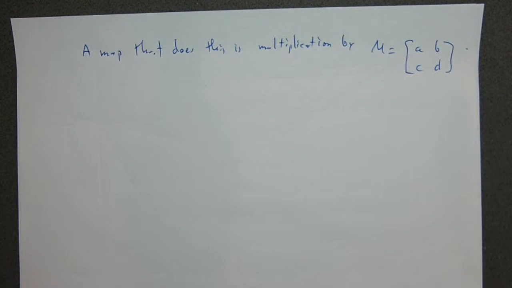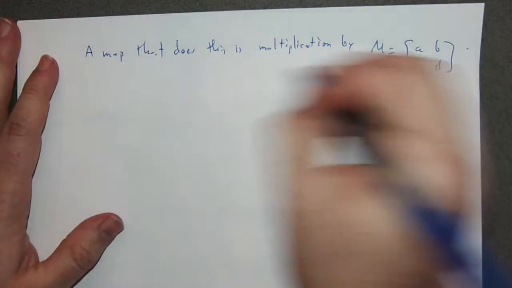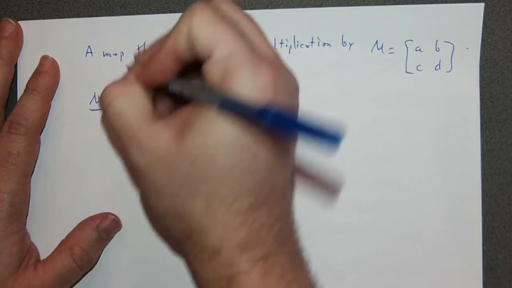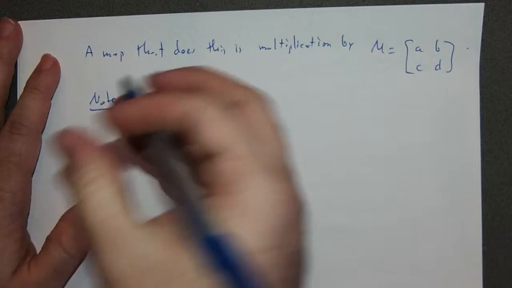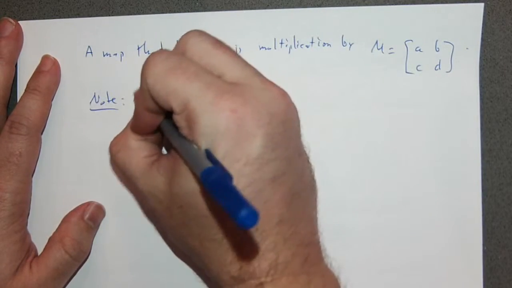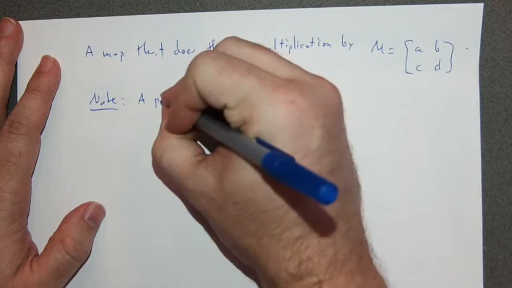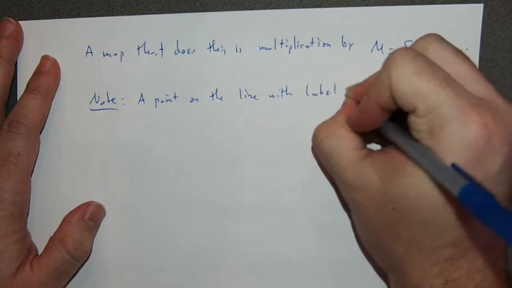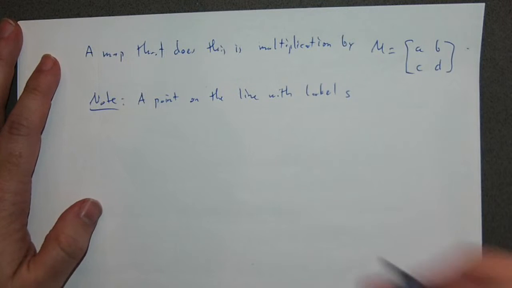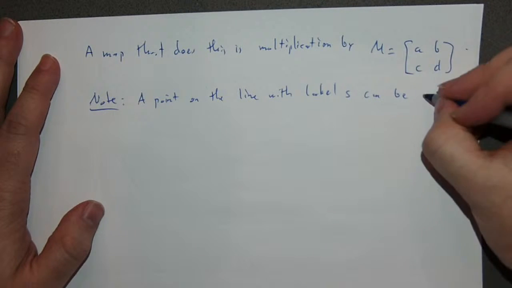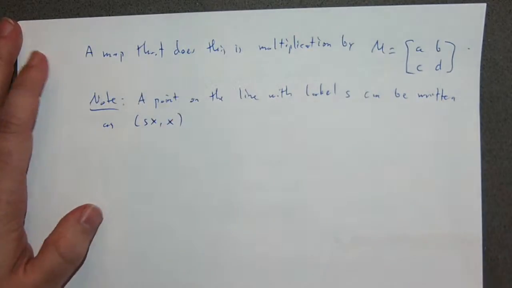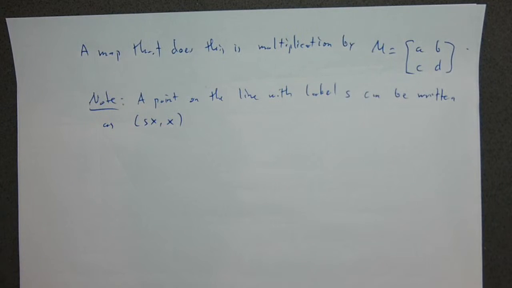All right. So to see why that is, note that a point on the line with label S can be written as (SX, X), where S is the label and X is whatever.